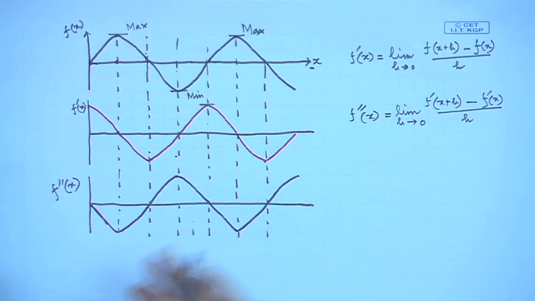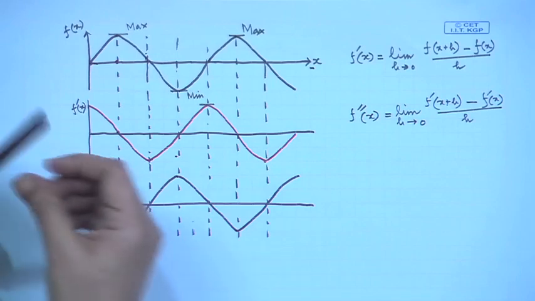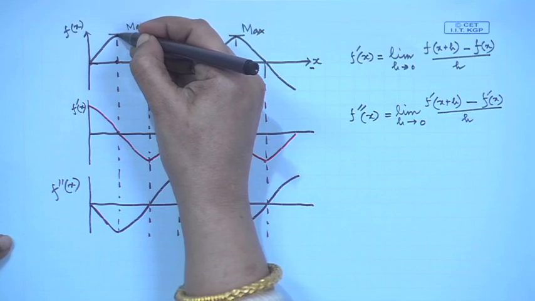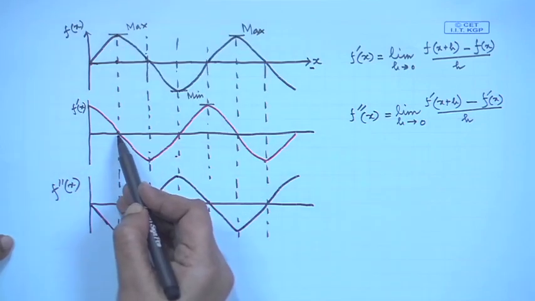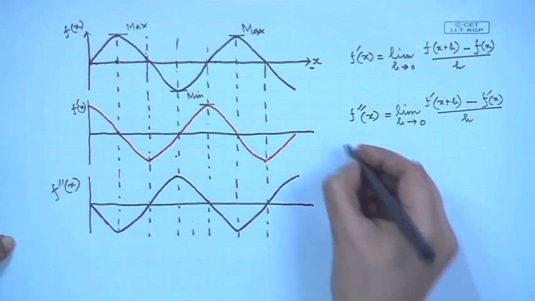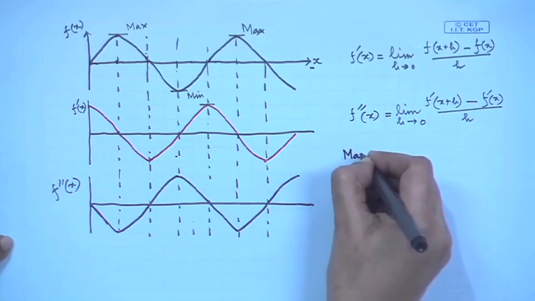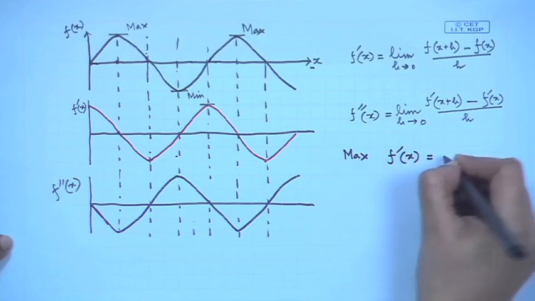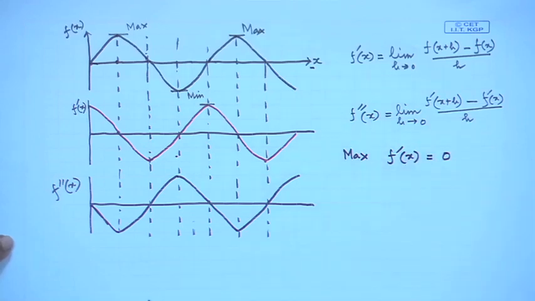All right. What is the nice thing you are noticing here? At the maximum point, the first order derivative is 0. That is why we can easily say that at a maximum point the first order derivative of f is equal to 0. What else?